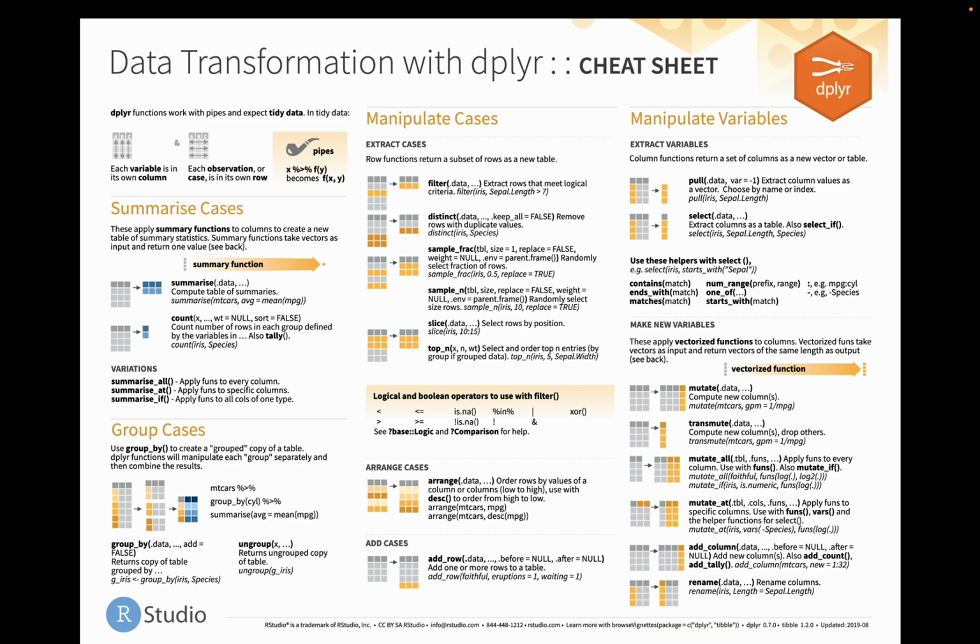So something that RStudio has for all of its packages: Posit, which used to be RStudio, has overseen a lot of the creation of these packages, the tidyverse, so on and so forth, and they provide these cheat sheets that can be helpful if you like this sort of thing, that you might want to print out when you start to code, that can help you remember which function is which.